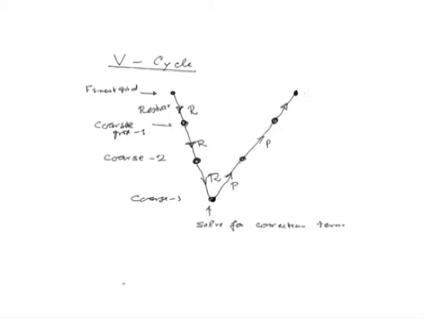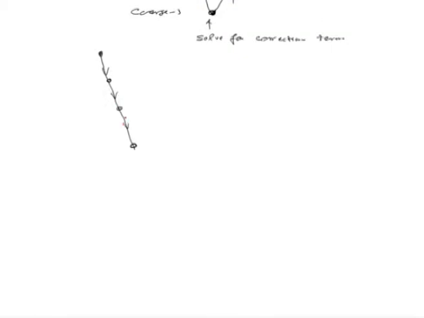We can also have the W cycle, which can be understood in the same way, that we have a sequence of grids. You go once, apply these restrictions and obtain a solution here, then prolong it, use the prolongation operators to get a correction term here.